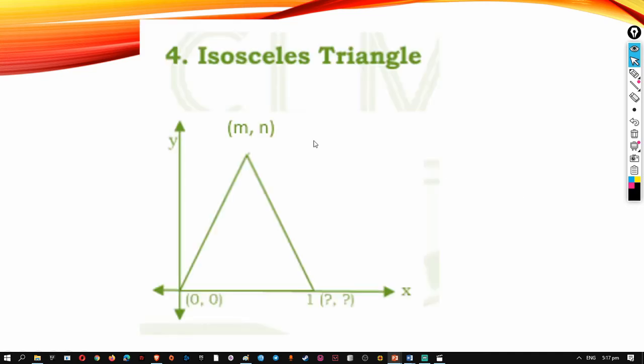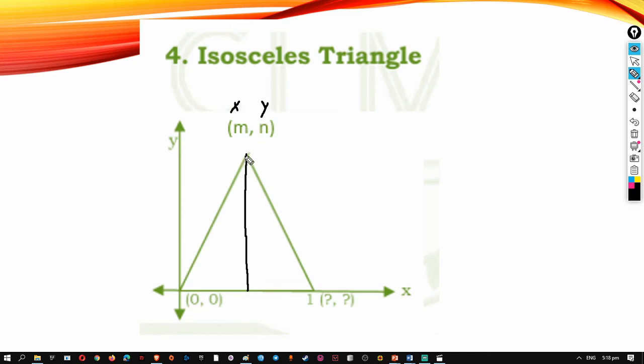Number 4, isosceles triangle. Pag sinabi natin isosceles triangle, two sides are equal. Ang hinahanap ay ito. Para makuha natin yan, magda-drawing ako nito. Ito ang x, ito ang y.